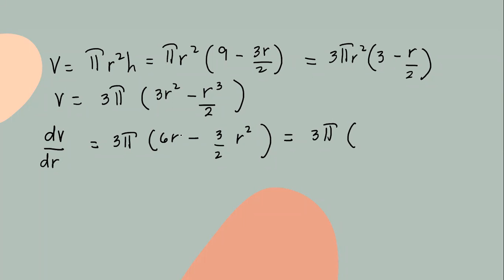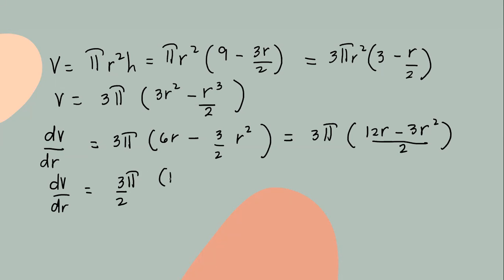Let's simplify first. Get the LCD. You have 12r minus 3r squared over 2. Then we have dV over dr is equal to 3 pi over 2 times 12r minus 3r squared.